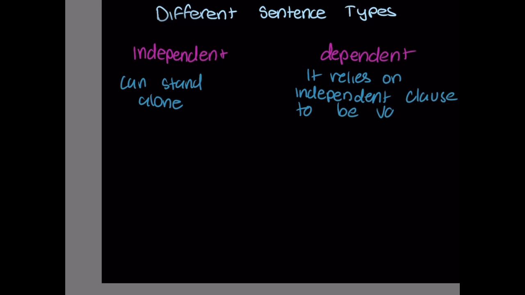So this one needs an independent clause. This one does not need but can have a dependent clause. Okay, so now I want to show you an example.